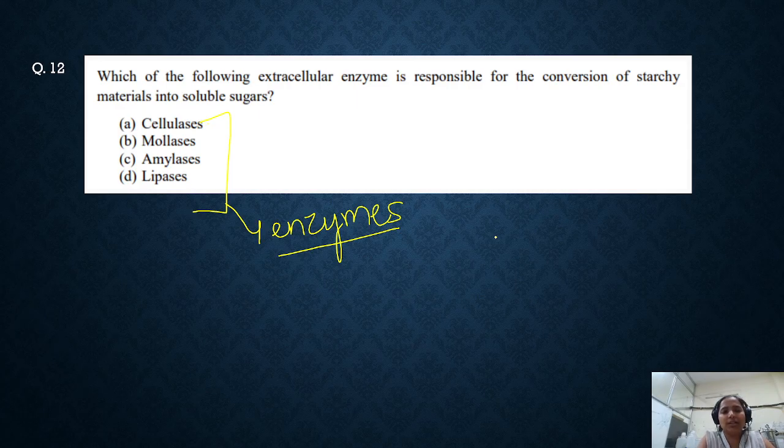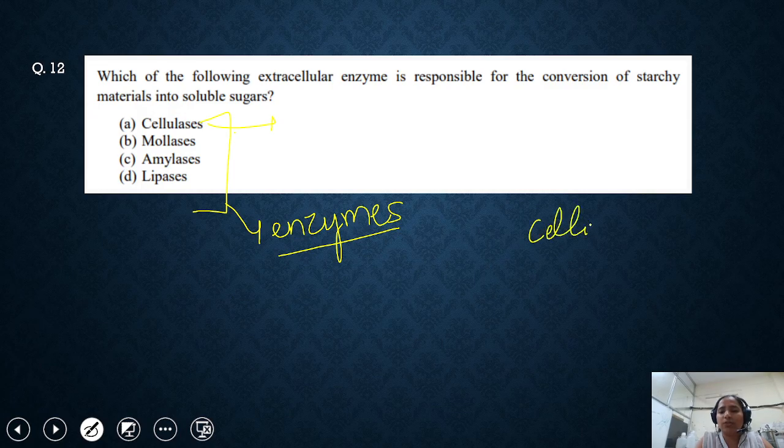First one, we have already discussed in previous assignments that cellulase is used for the degradation of cellulose to reducing sugar. So this is not used for starchy material.